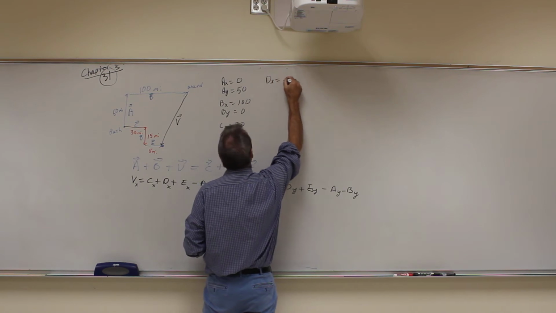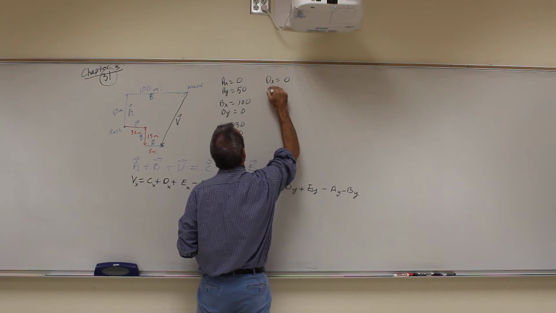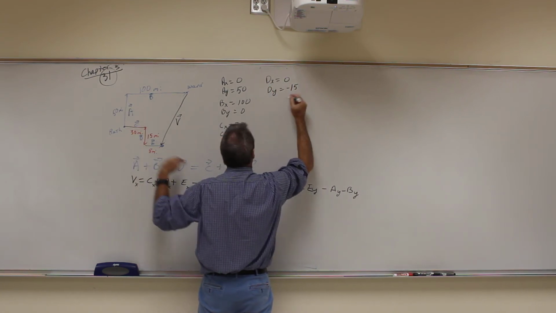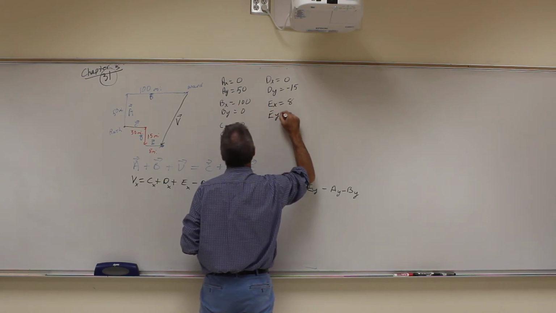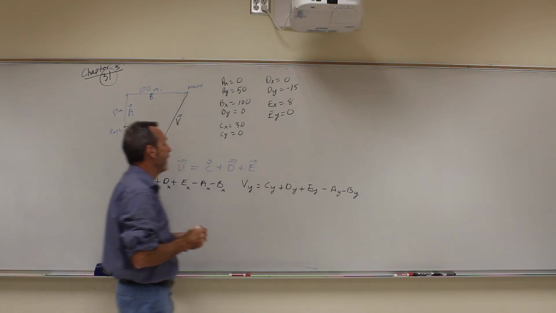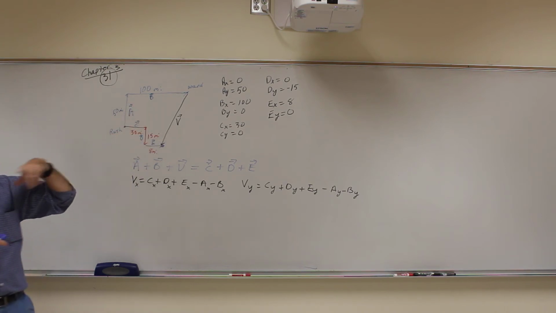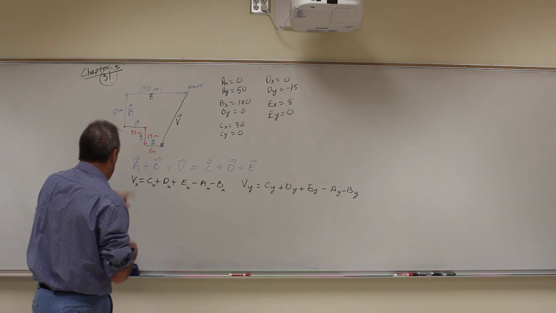DX is equal to 0, DY is minus 15, because you look, it's going down this way. And for vector E, EX is equal to 8, EY is equal to 0. So the components are very easy because all of them except for V are right along one of the coordinates or the other, so they're either x or y. So now I just can plug all that in.